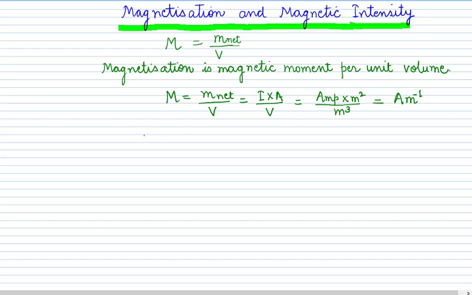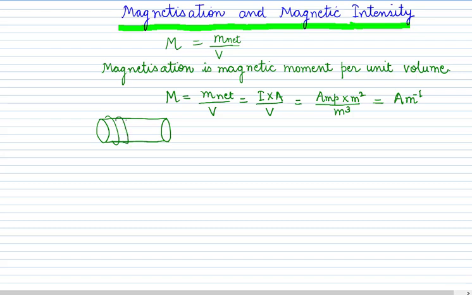Now let us be more clear about what this magnetization is. So we take some magnetic material, that is magnetization due to some flow of current. So for example, we take a solenoid. This is how we draw a solenoid: we have a hollow cylinder and here we have a number of turns of wire wrapped and the current is flowing through this.